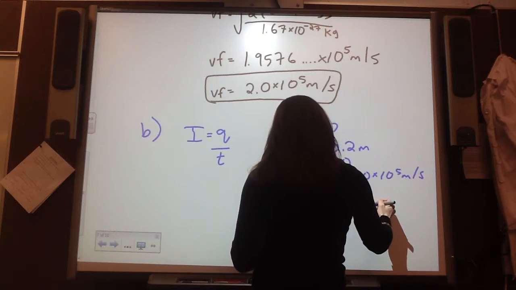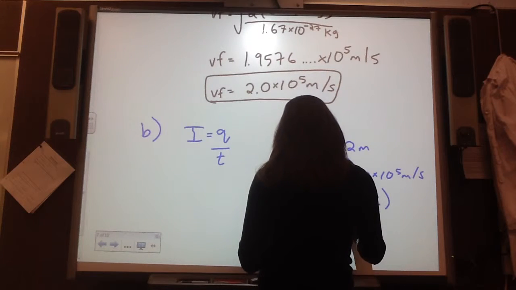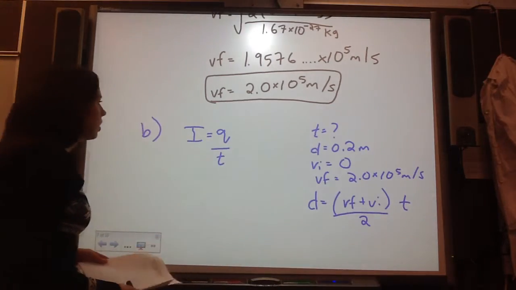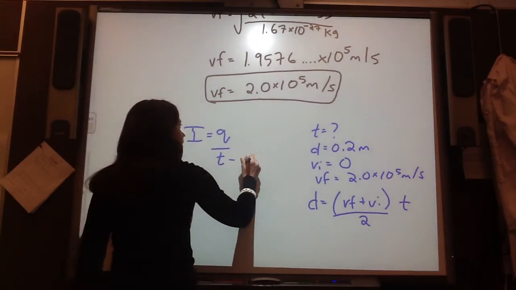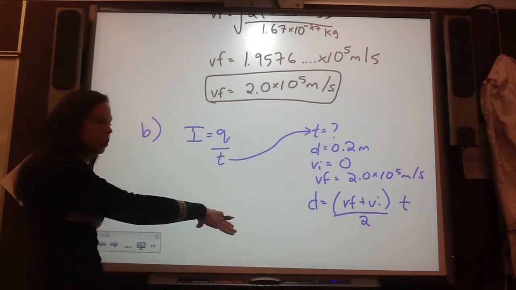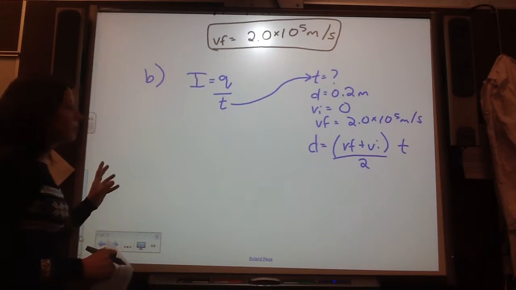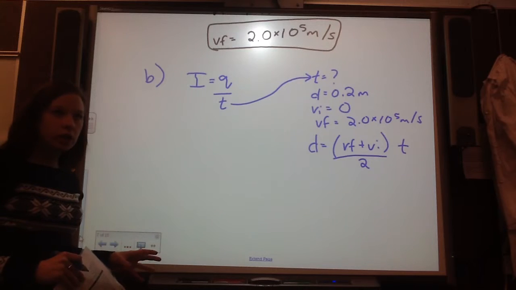It's d equals Vf plus Vi, divided by 2, all times t. So we are going to find t first using that, then we can put the rest of that information into our current formula.